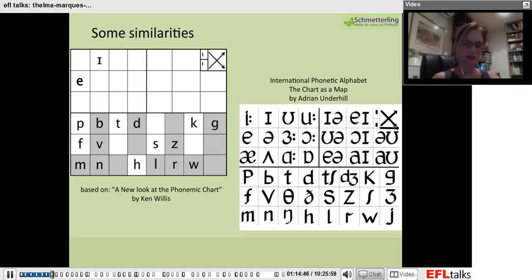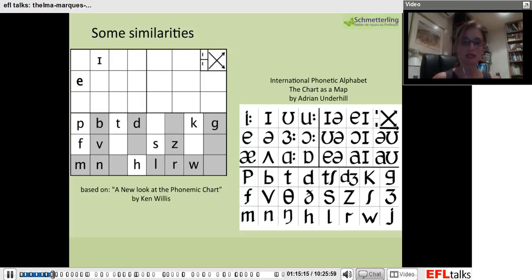As you can see, there are 44 symbols used on the chart on the right, and they are taken from the International Phonetic Alphabet and organized here as a map, according to Adrian Underhill. You only have to learn how to draw 8 consonant sounds here.